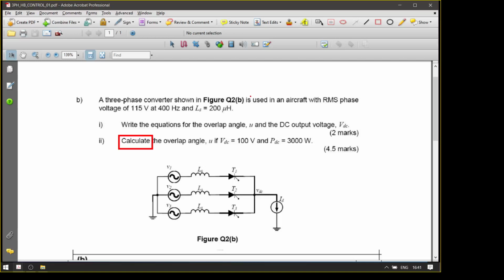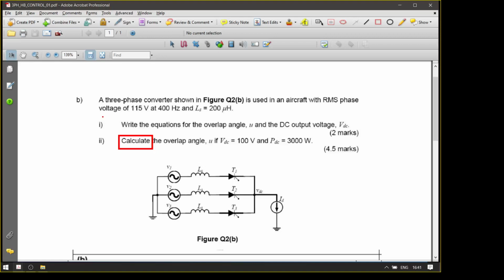When it comes to calculate, you are at the application level. The first one is knowledge, then comprehension, level 2, or understanding, and then level 3 is application, which is you need to calculate. You apply whatever you understood from any theories to a new situation.